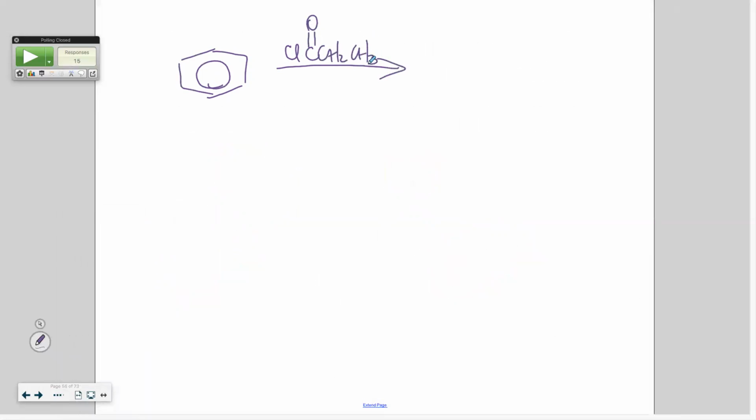Okay, make sure you have 3 carbons, not 2, 3, okay? And then what goes down here? All right, so what did we make?